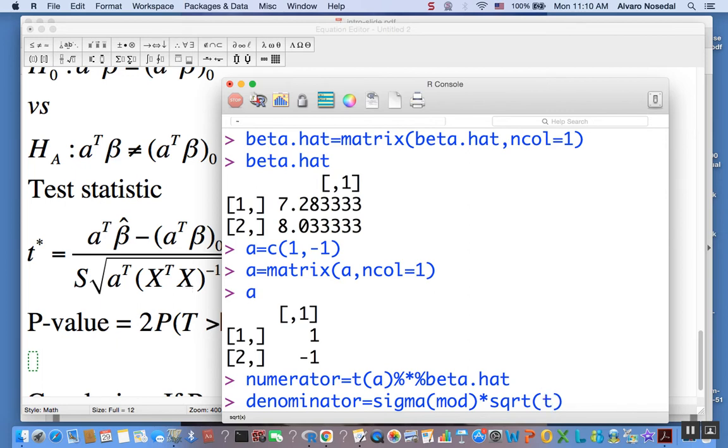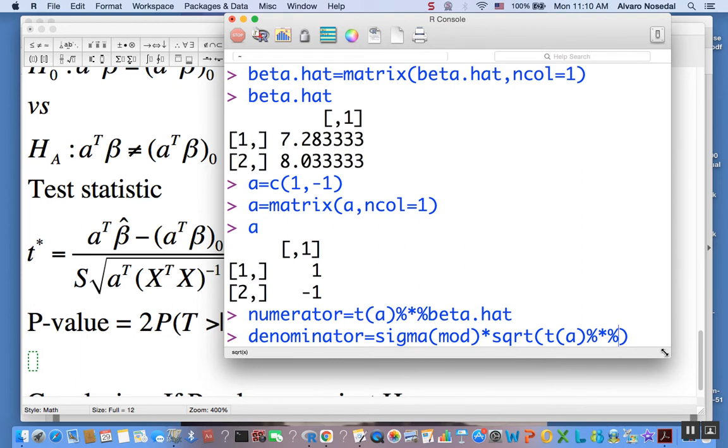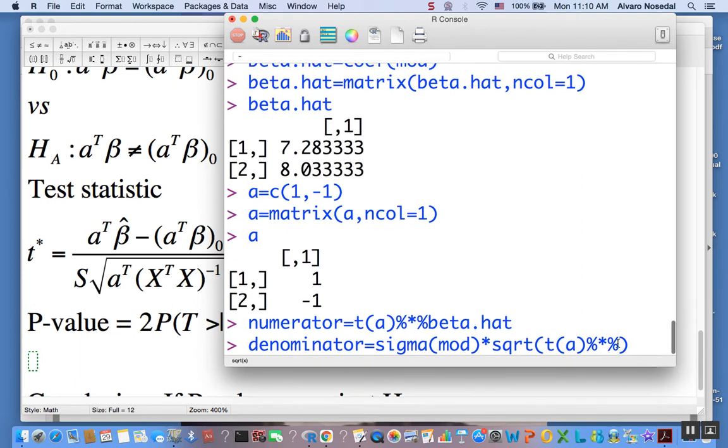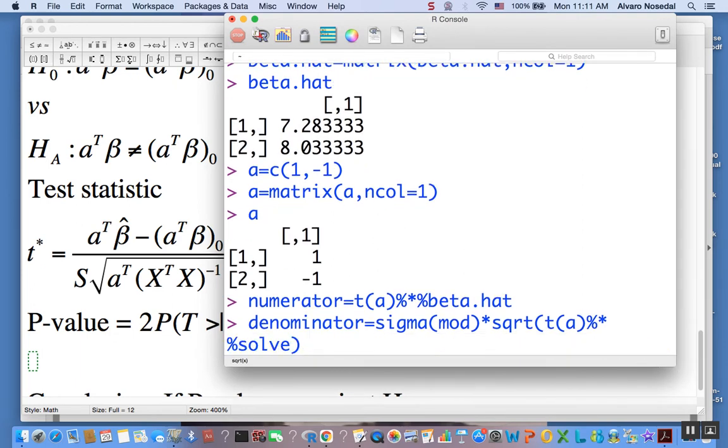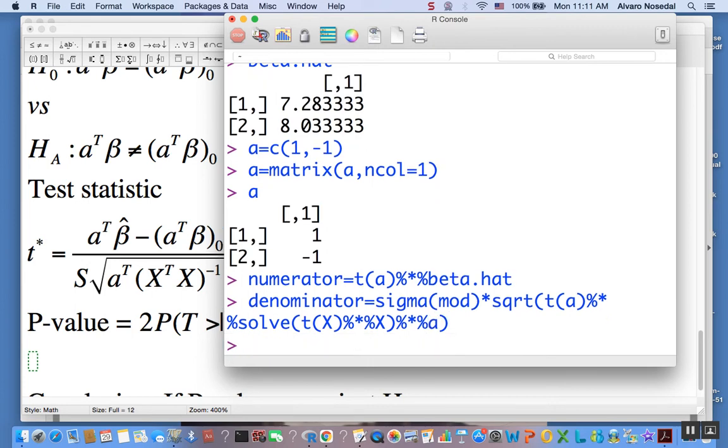So it's going to be A transpose times that inverse that we want, solve X transpose X, right, times the vector A. Okay, there we are.